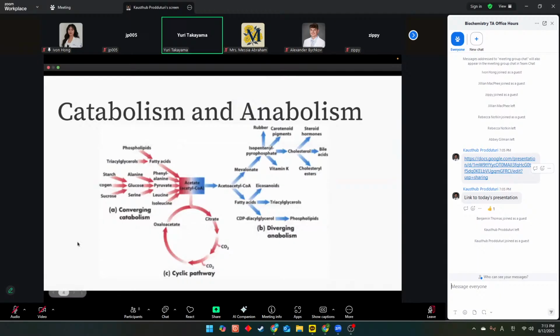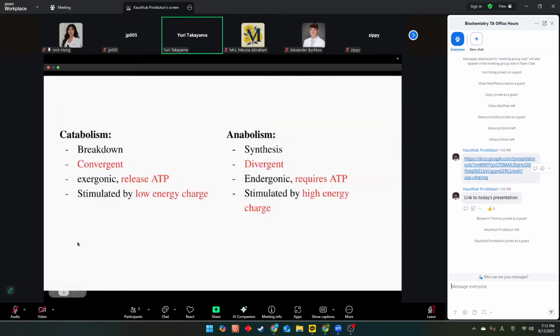Next slide. The definition of catabolism is a breaking down process, which is also conversion. During this process, they release ATP.